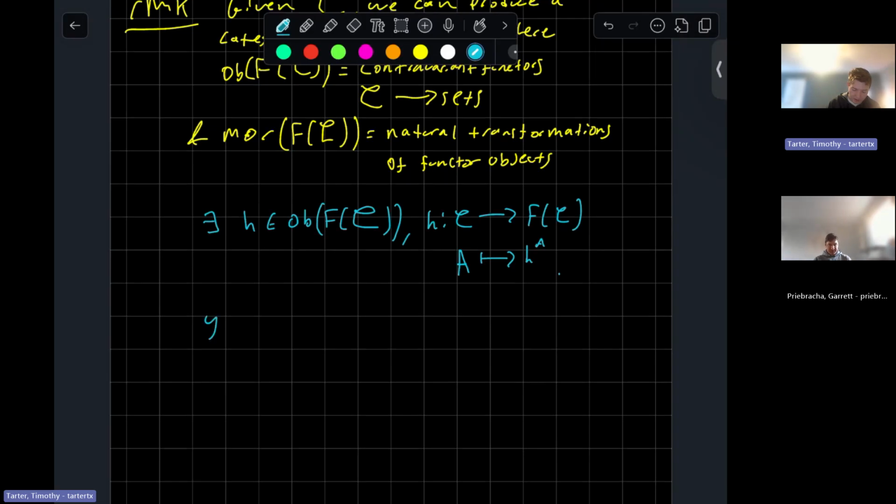And then Yoneda's lemma says that this is fully faithful, meaning that it's an injective and surjective functor, and is called the Yoneda embedding.